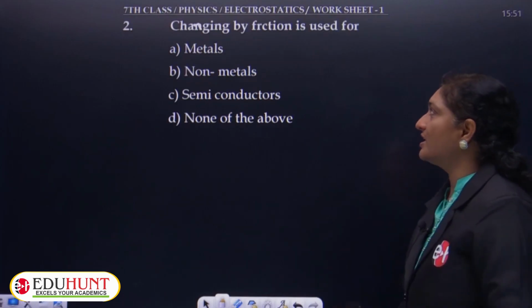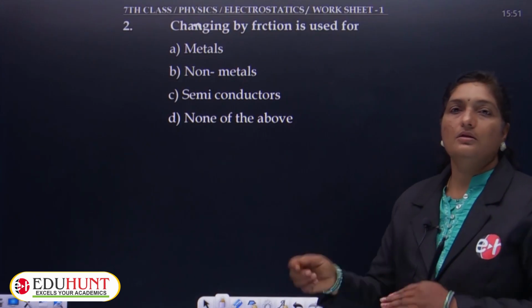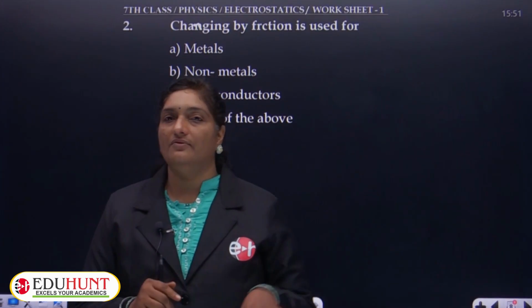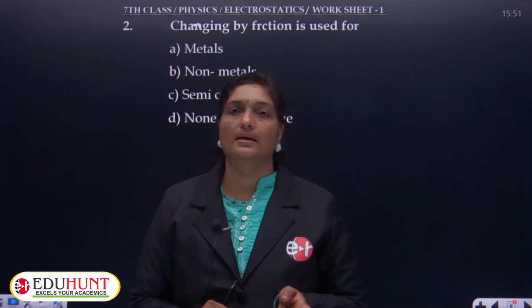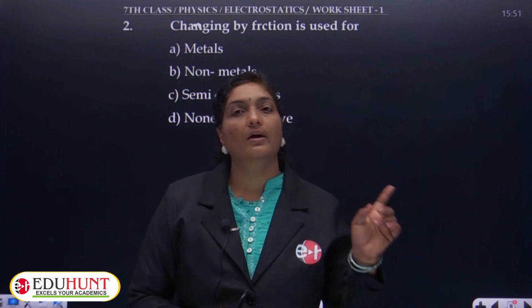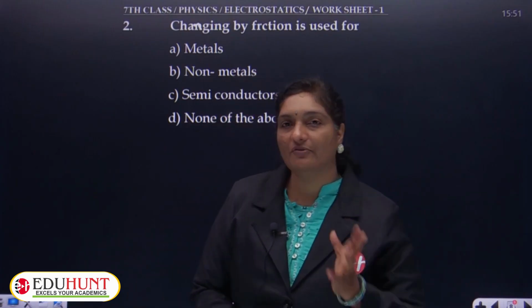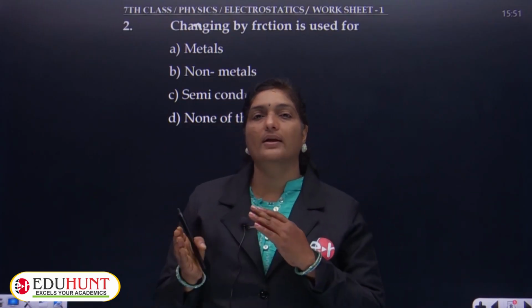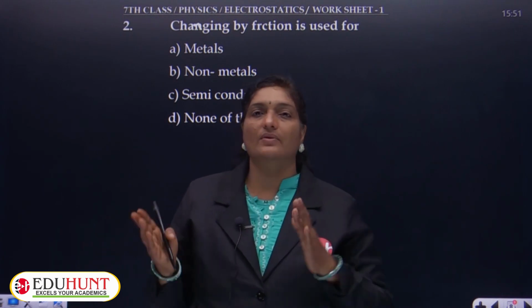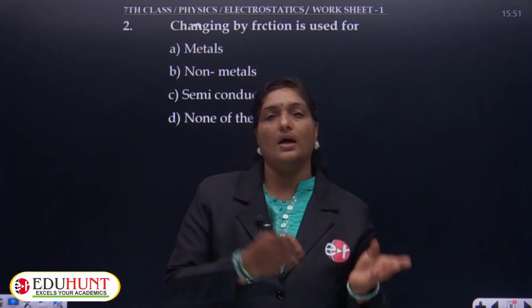Charging by friction is used for? We know that there are three methods of charging: one is the method of friction, another is induction, and the other is conduction. Friction is when a body is rubbed against another body, and the charges get transferred from one body to the other.